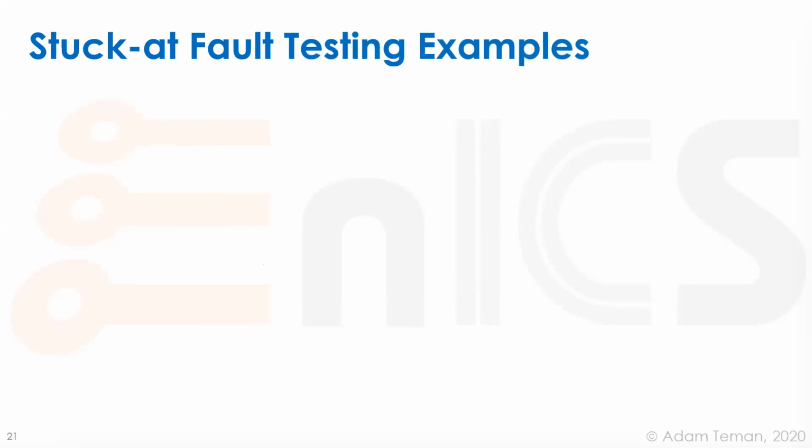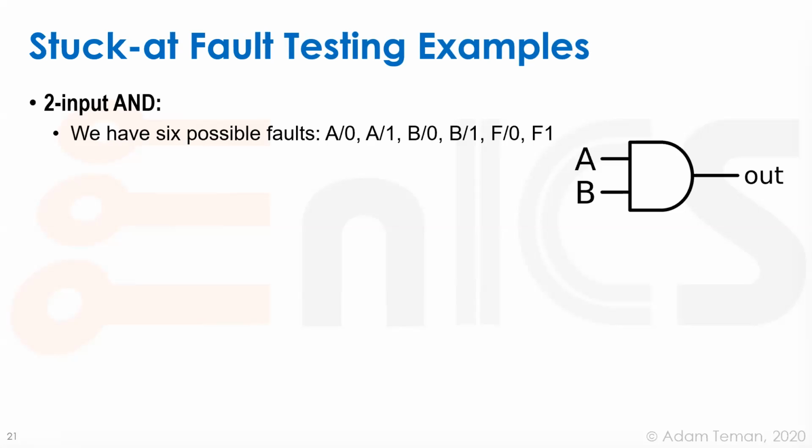Okay. So let's see what we have here. For example, if we just take a 2-input AND gate, there are actually 6 faults possible here. Node A could be stuck at 0 or 1, node B stuck at 0 or 1, and the output could be stuck at 0 or 1, right?